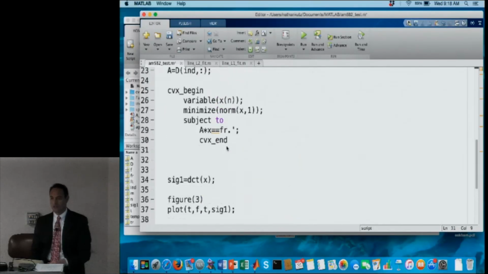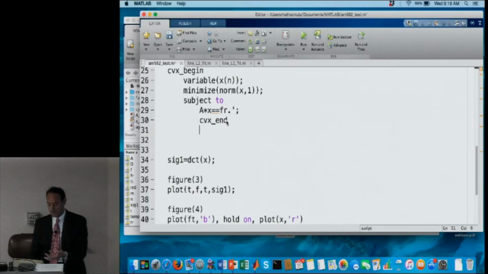Okay? So I go and solve this thing. I say, go ahead, minimize the solution with the L1 norm. It satisfies the conditions because it's massively underdetermined. So I know I can satisfy it, but give me the L1 norm. And then, once I get it, plot it, same as before.